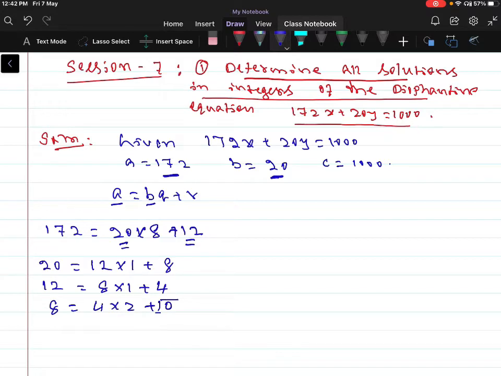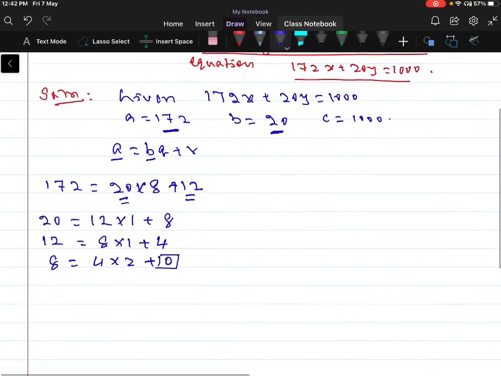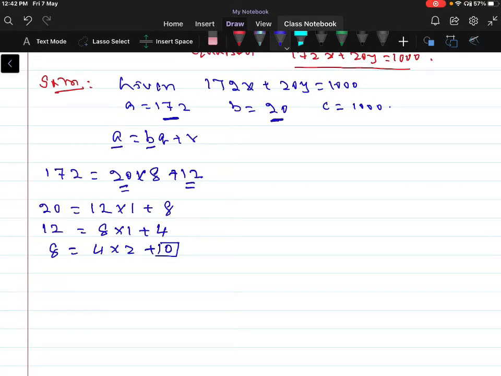So let us stop applying the division algorithm. The last non-zero remainder is 4. Therefore the GCD of 172 and 20 is equal to 4.